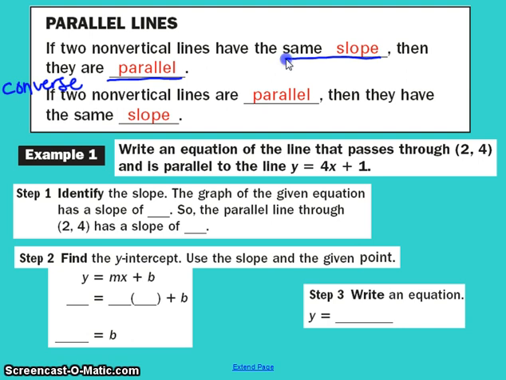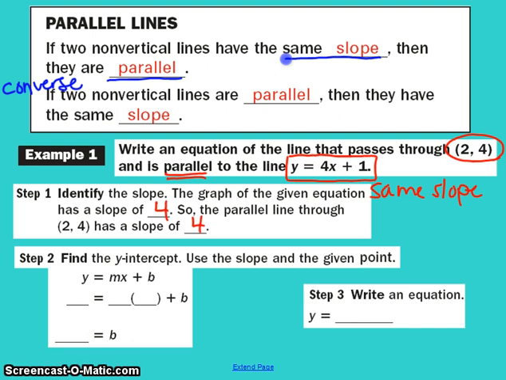So if I want to write an equation of a line that passes through this point, (2, 4), and is parallel to line y equals 4x plus 1, if it has to be parallel, then that means the slope has to be the same. So in my equation, no matter what, if it's parallel, it has to have a slope of 4 because that's what was given in my equation.